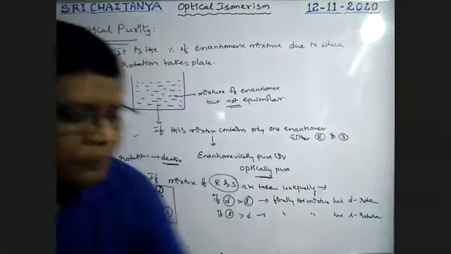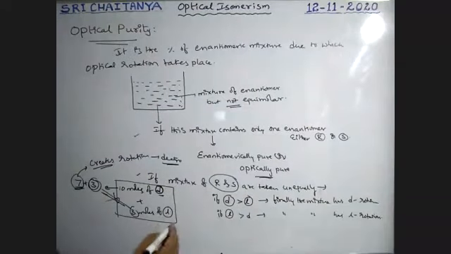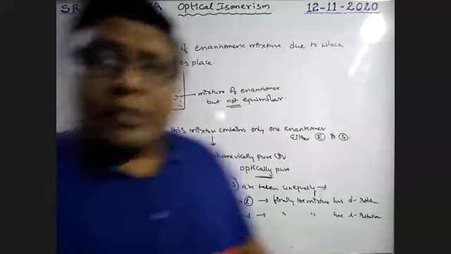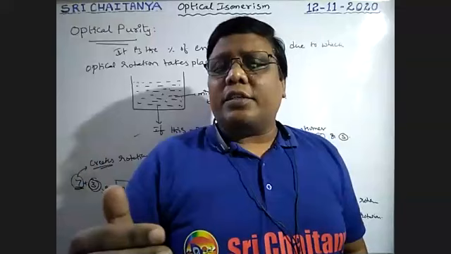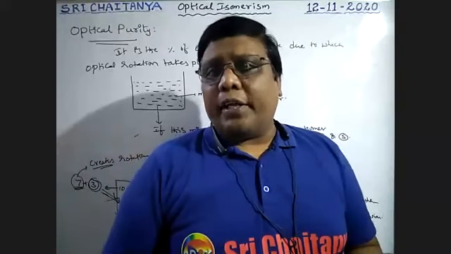See here, boys, how to calculate this percentage. That means the percentage of one optical isomer that is more. How to calculate that optical purity?